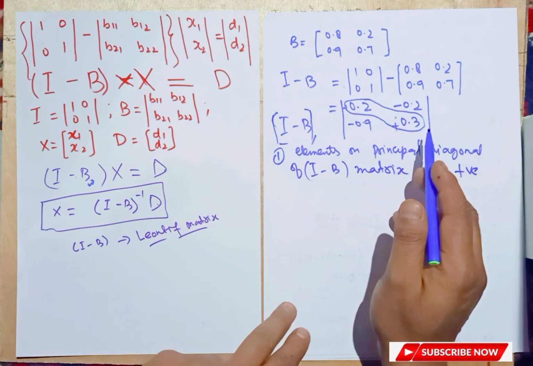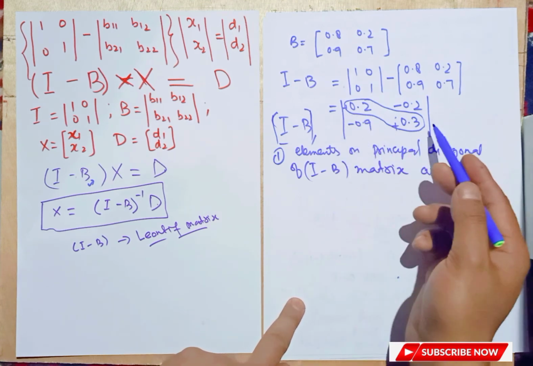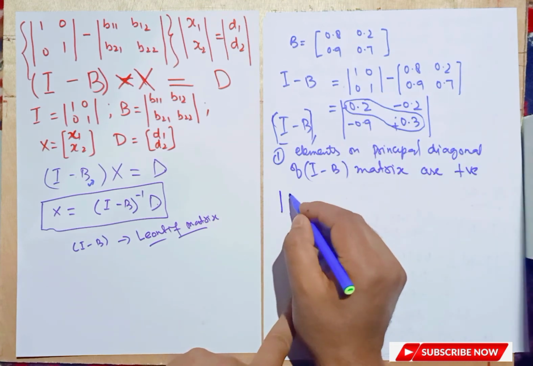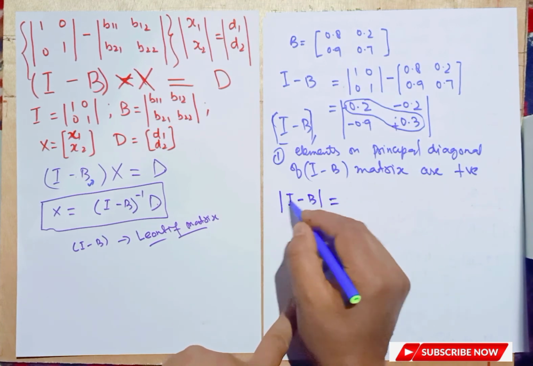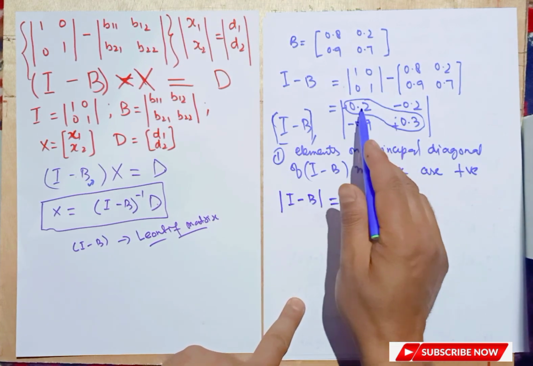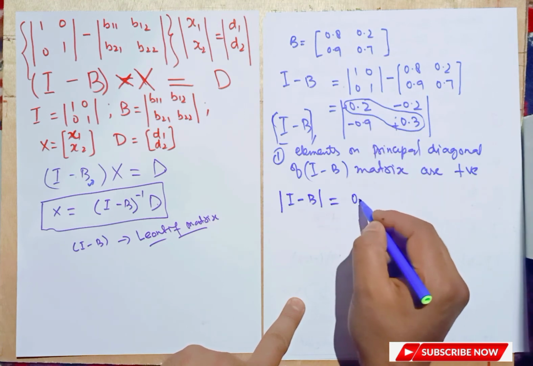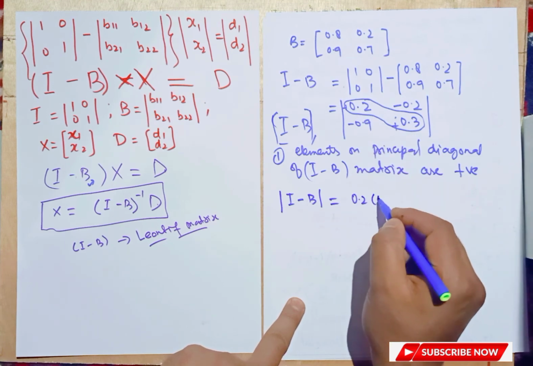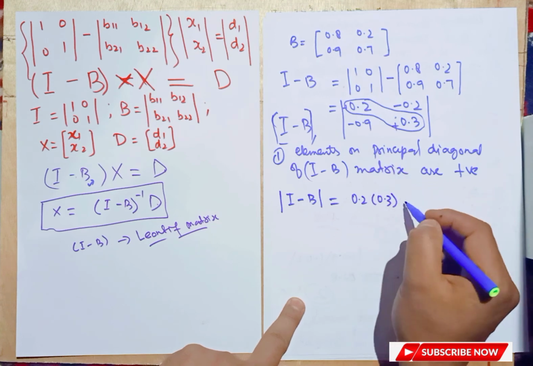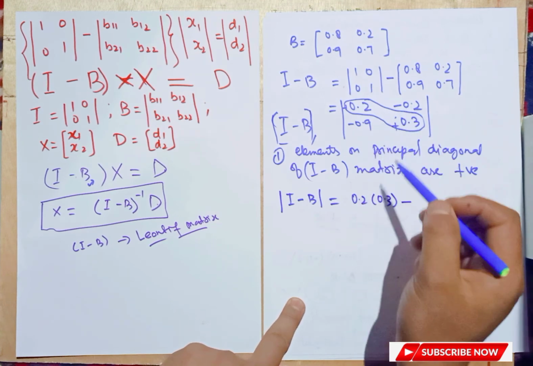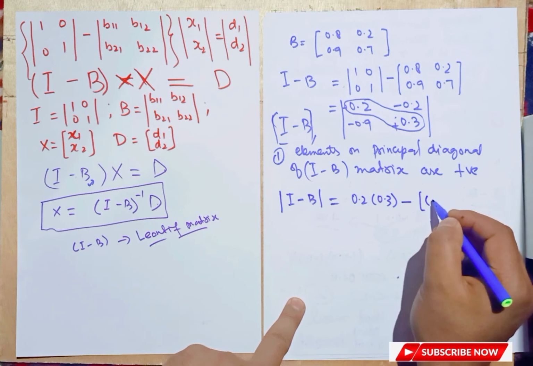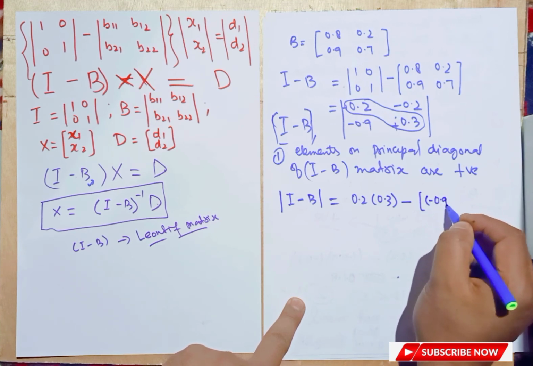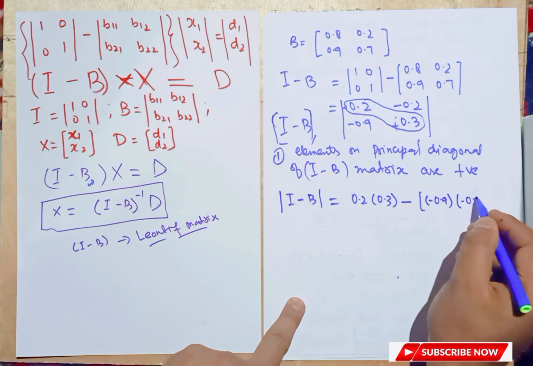For the second condition, we have to take the determinant of this matrix. Now the determinant of I minus B is denoted by this very symbol. So this is equal to, we multiply these two elements, that is 0.2 and 0.3, and from that we subtract the non-principal elements, that is minus 0.9 times minus 0.2.